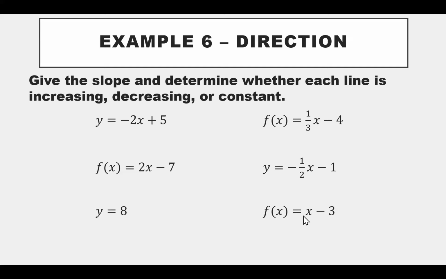While we don't have an explicitly written coefficient out front, anytime we don't have a coefficient written out front, it is an implied 1. Therefore, this last function has a slope of 1, so the line is increasing.